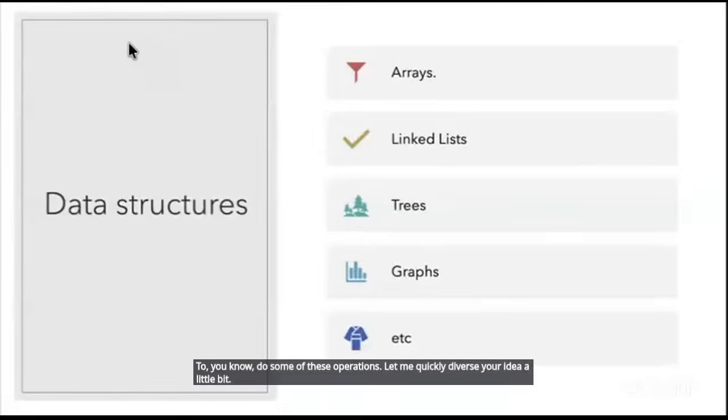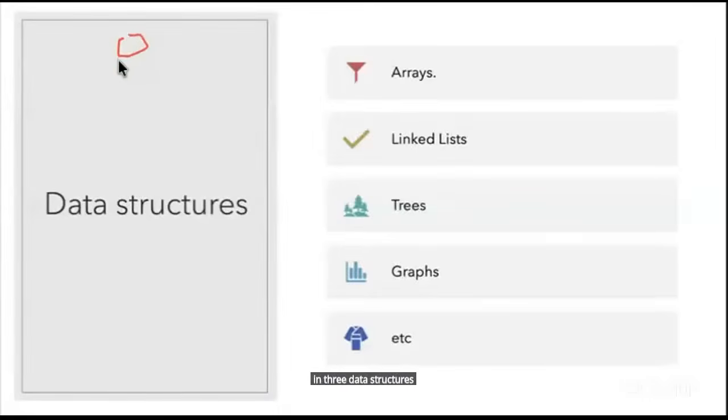Let me draw a tree. A tree data structure can be like this. Let me leave it this way. This is X. Now, you don't have much background knowledge of trees, but I will just, in a layman's way, explain.